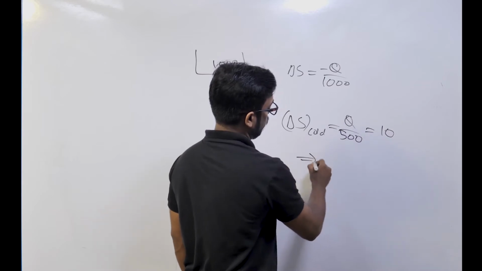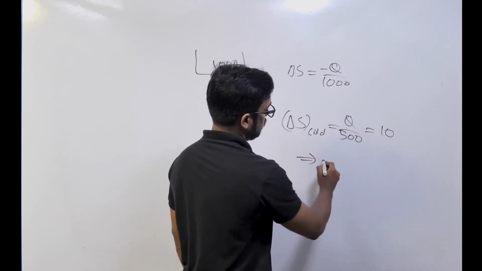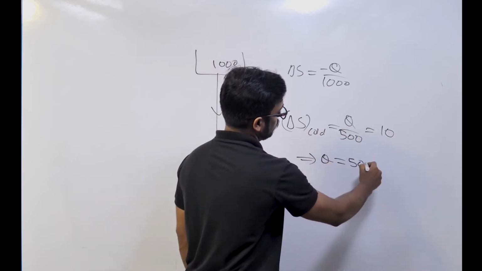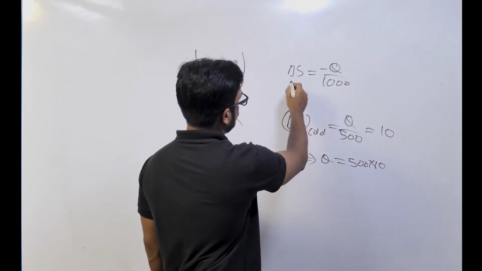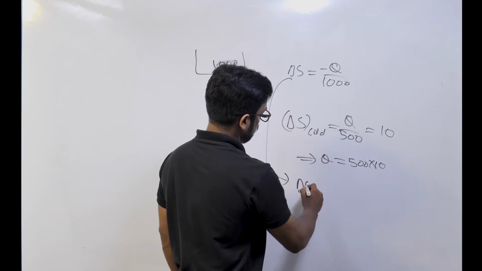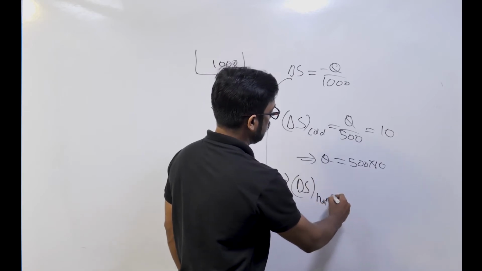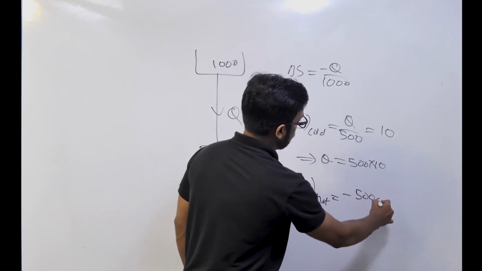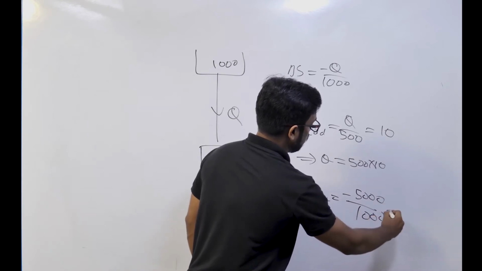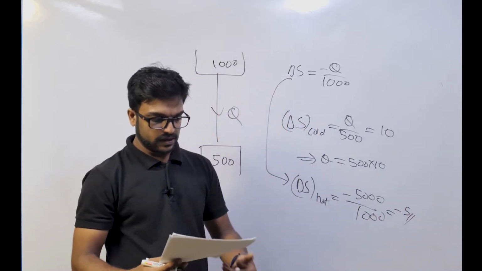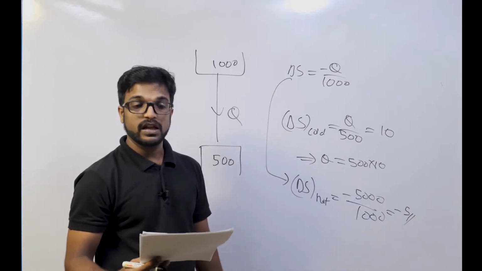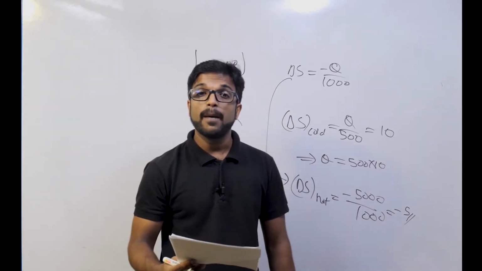So from here I can find the heat as 500 into 10, that is 5000 kilojoule. So the entropy change of the hot reservoir is nothing but minus 5000 divided by 1000, that is going to be minus 5. Clear? So minus 5 kilojoule per Kelvin is the right answer, that is option B.